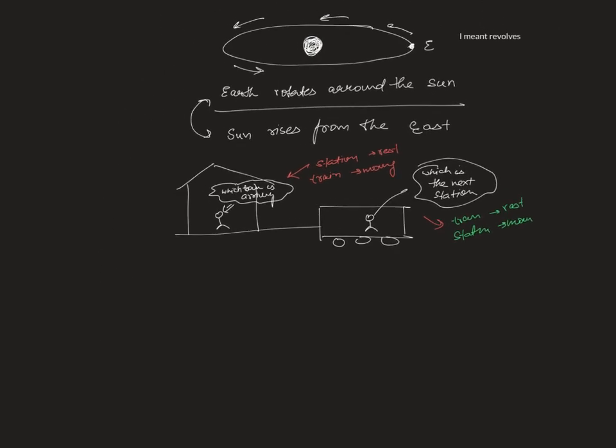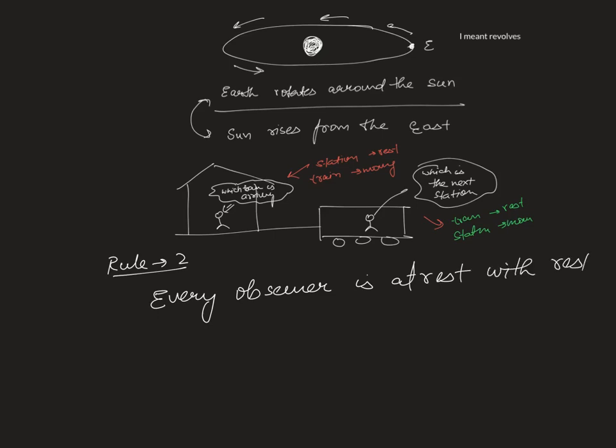That second rule is simply this: every observer is at rest with respect to himself, herself, or itself, whatever you like to call it. That means an observer always thinks that it is at rest. That is rule number 2.